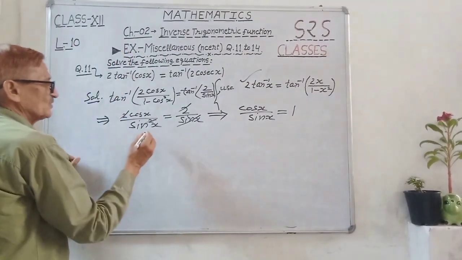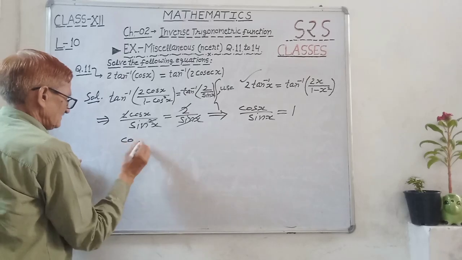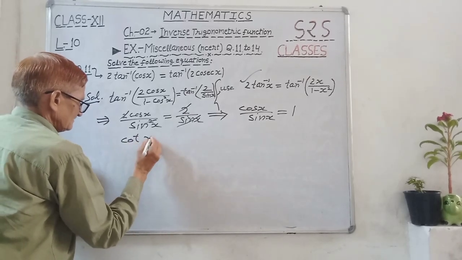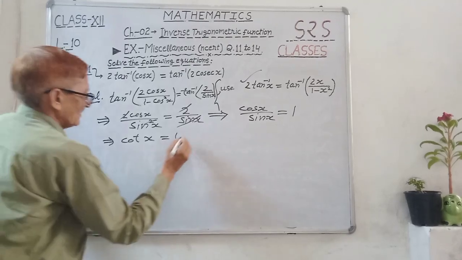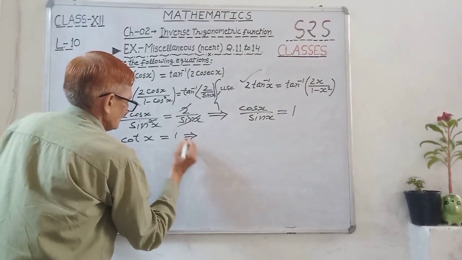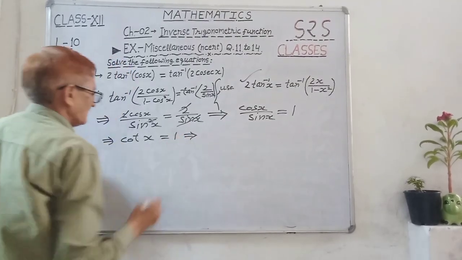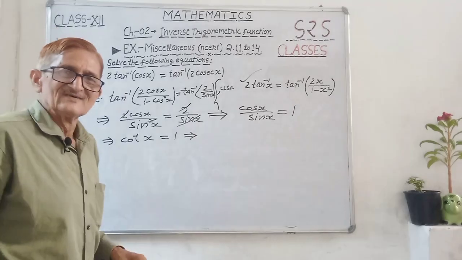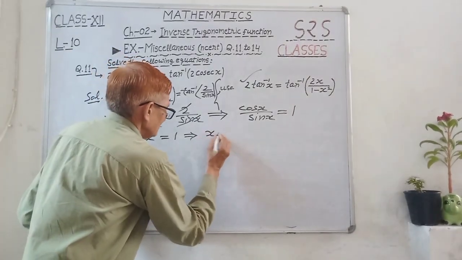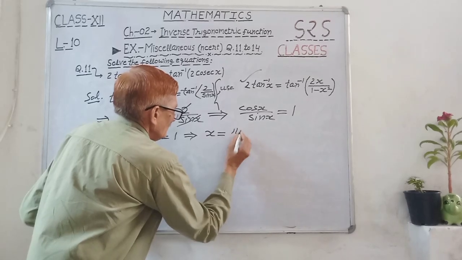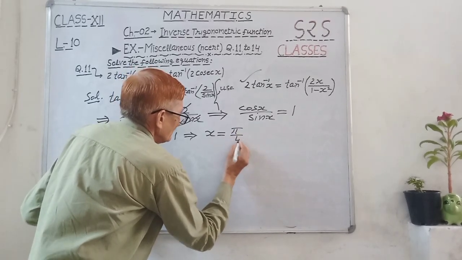Okay, now cos x upon sin x is cot x, then cot x is equal to 1. Then what is x? Cot of any angle theta is equal to 1, then theta is 45 degrees, we know. So this implies x is equal to pi by 4.